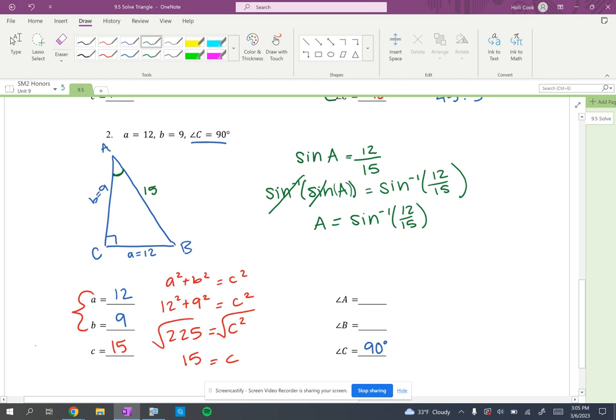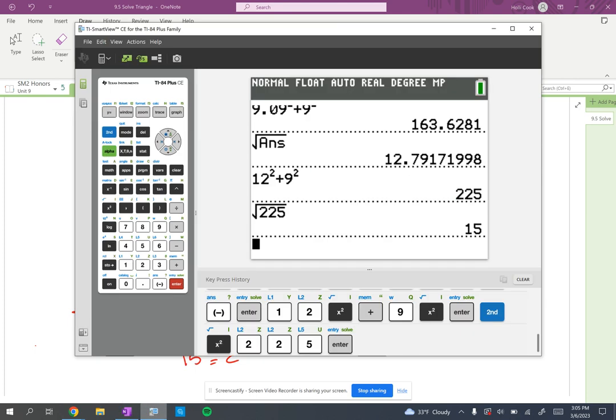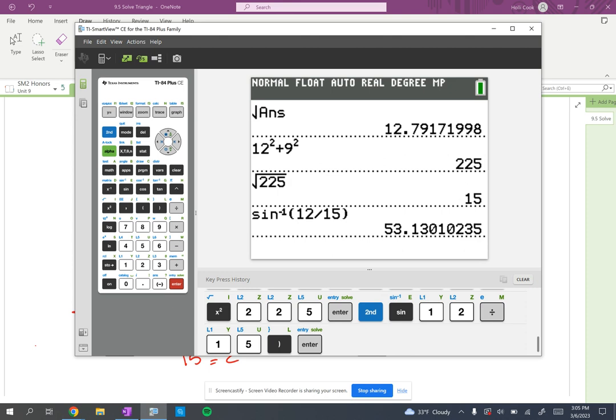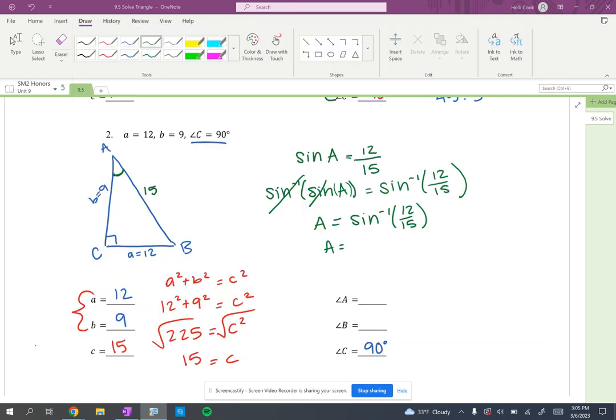All right, and that we can go ahead and type in our calculator. We have the inverse sine of 12 divided by 15, 12 fifteenths. Enter. We get 53.13. So angle A is 53.13 degrees.